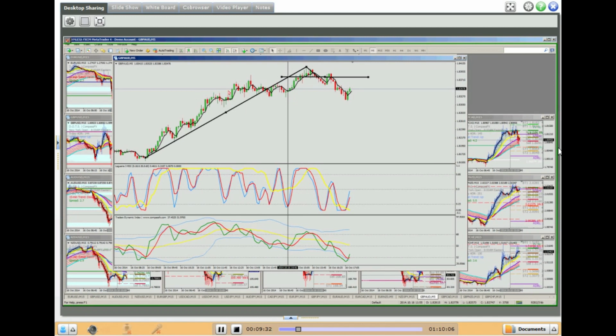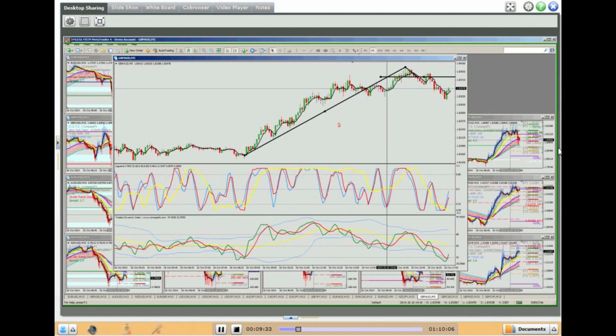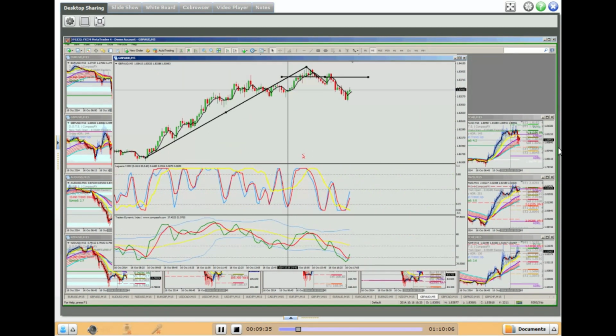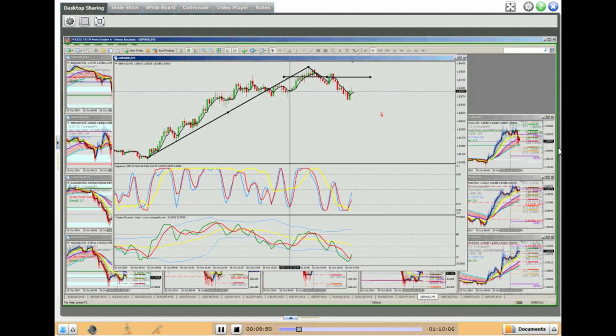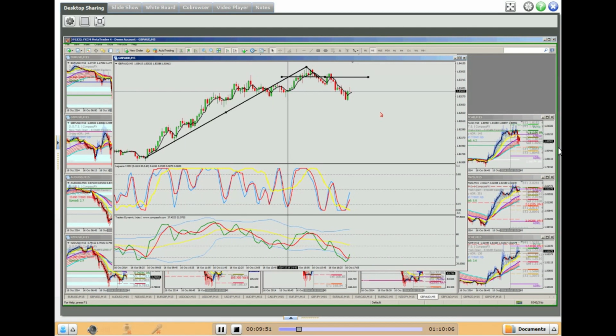See, if you were to go back in time here, you had a W formation. You had down, up, which was your second leg, okay? Your second leg for a scalp. If you had the gears set up, you could have entered on this right here, okay?